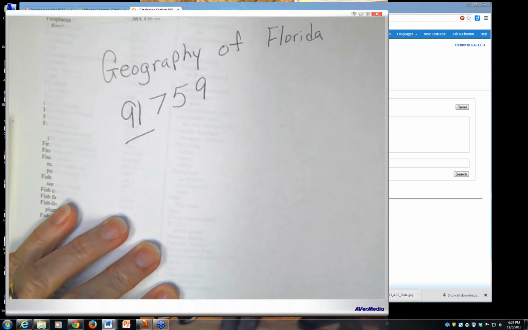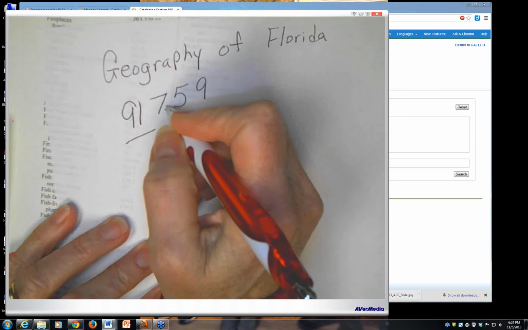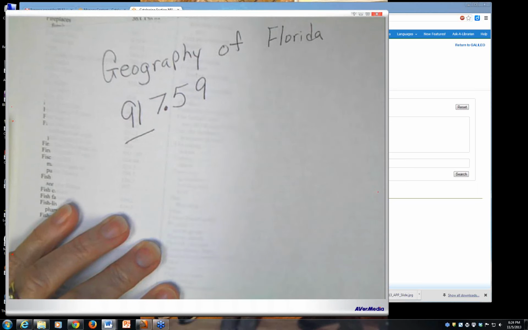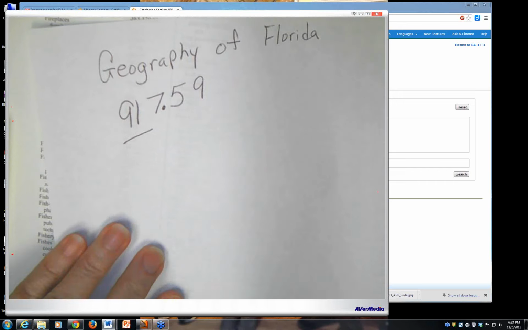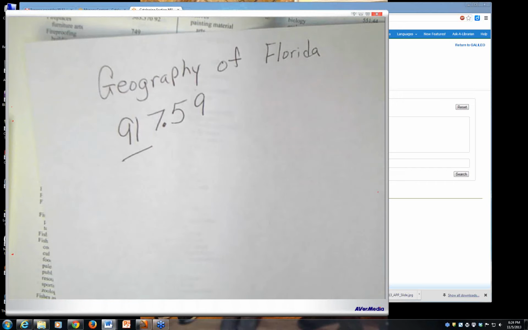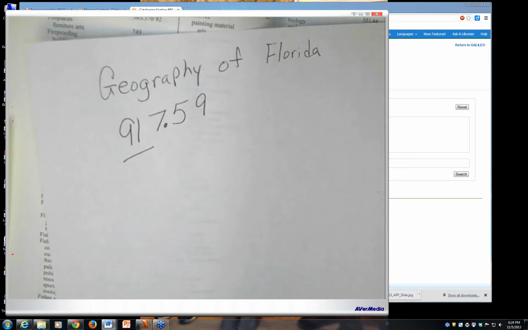I have to add my decimal after the third digit. My Dewey number is 917.59. Okay. Any questions? Give you a second if you've got a question on how this one was developed.